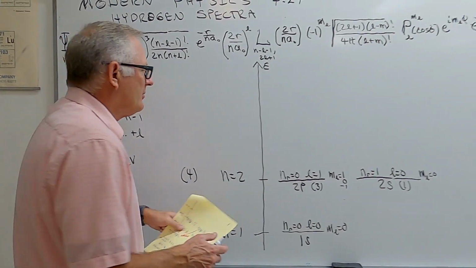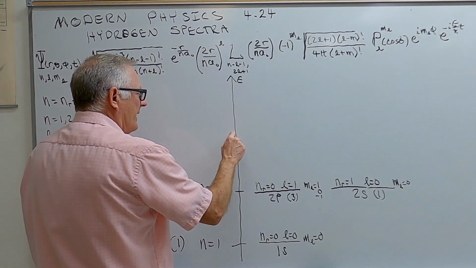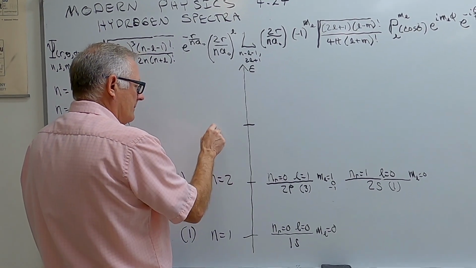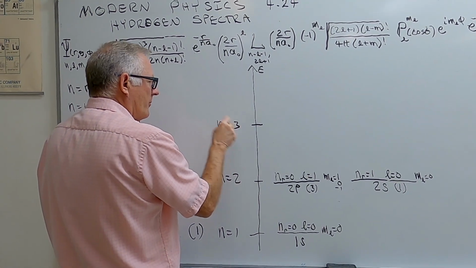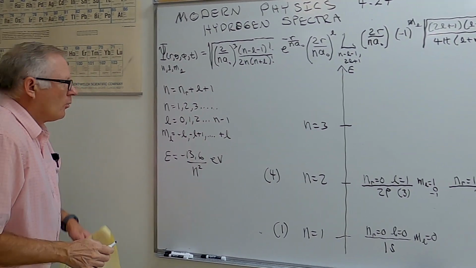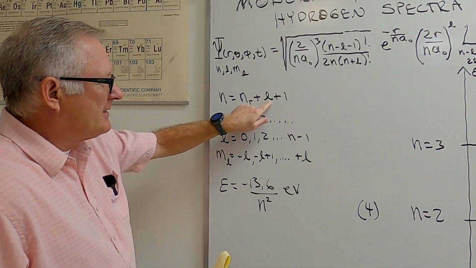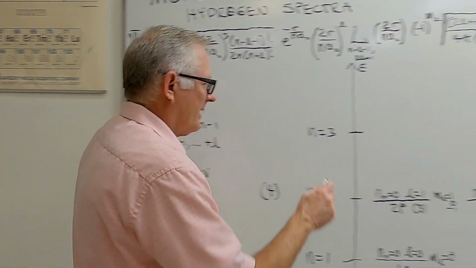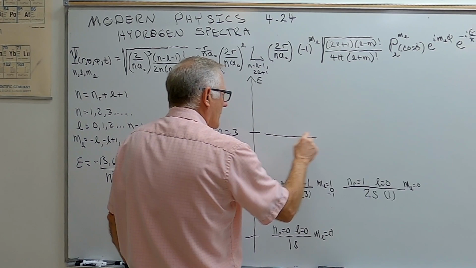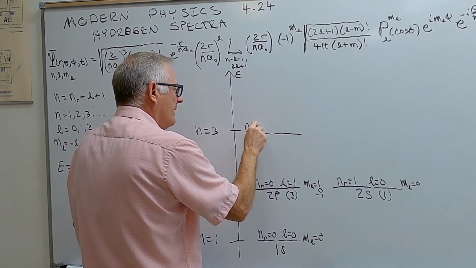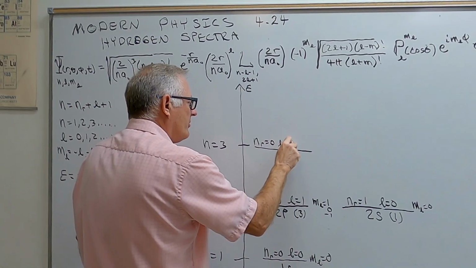Okay, well, let's go to n equals 3 here. Well, n sub r could still be 0. That means that L would be 2. So you could have n sub r equals 0, L equals 2.